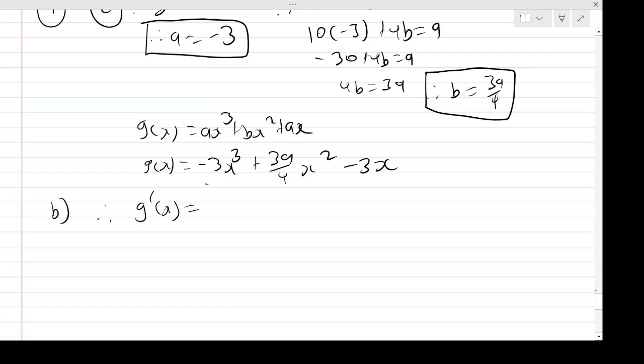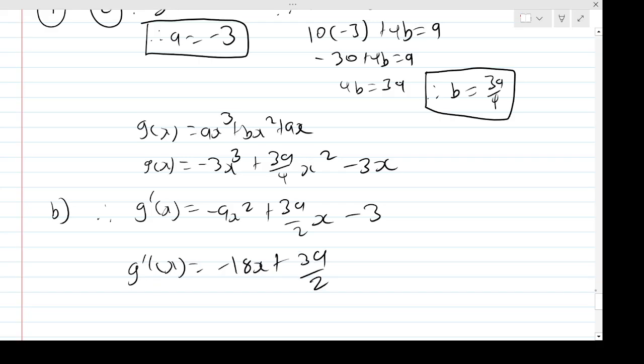That's going to be, minus 3x cubed will be minus 9x squared. Then 39 over 4 times 2 will be 39 over 2 x, minus 3. And then if I differentiate again to get the second derivative, that would be minus 18x, add 39 over 2.